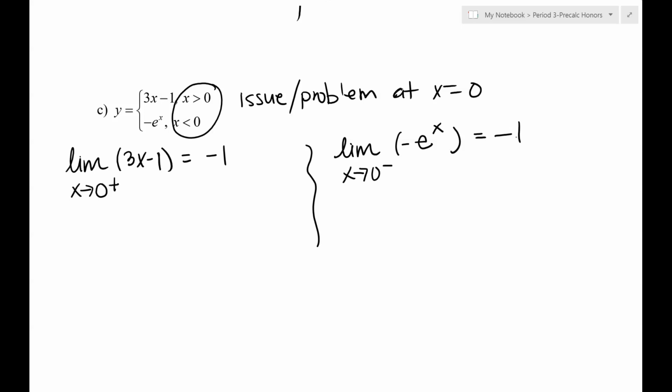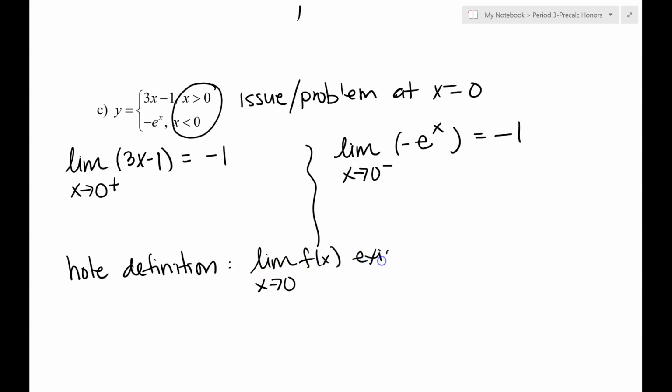Okay, now why is it a hole? Because the hole definition is that the limit as x approaches 0 of your function exists, which it does, but is not equal to f of 0.